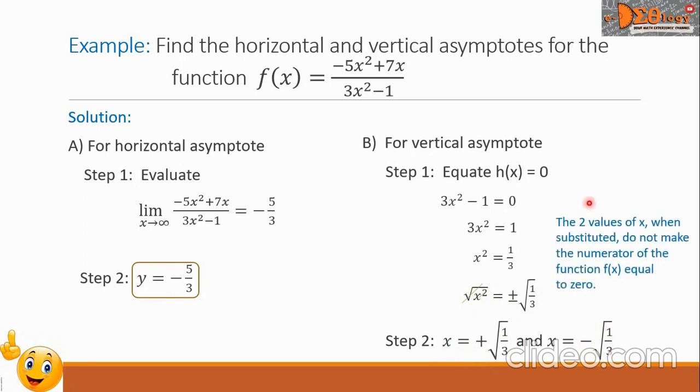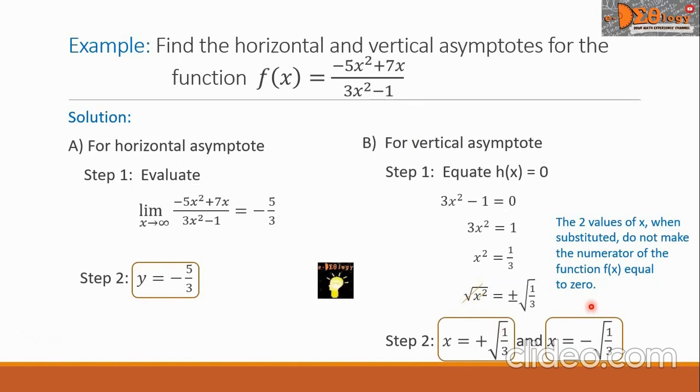Take note that the two values of x here, when substituted, do not make the numerator of the function f of x equal to 0. So we have here two vertical asymptotes. So here are the horizontal and vertical asymptotes of the given function.